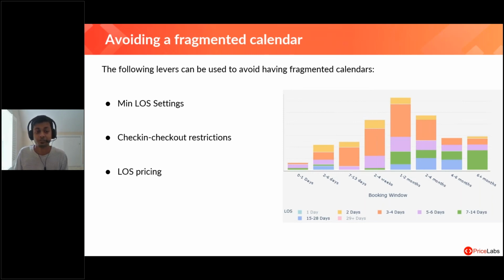And these discounts should not be arbitrary. They should be based in some math. For example, if you're giving a 20% discount for a monthly stay, you should look at that calendar month and say, okay, I was expecting this month to be booked 60% because usually people only book weekends.